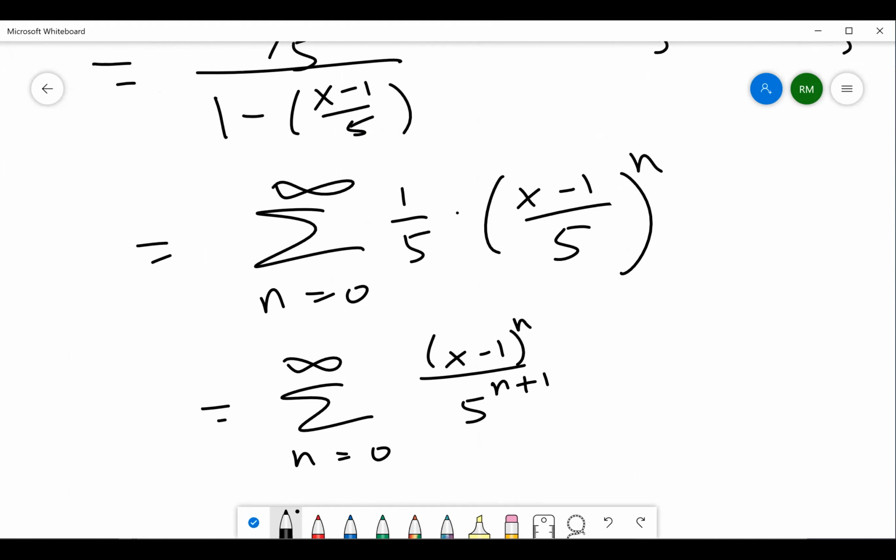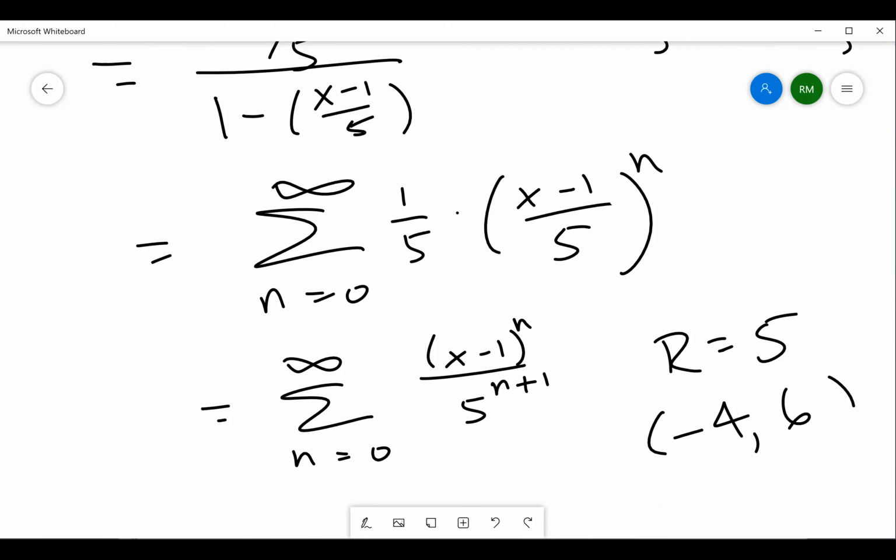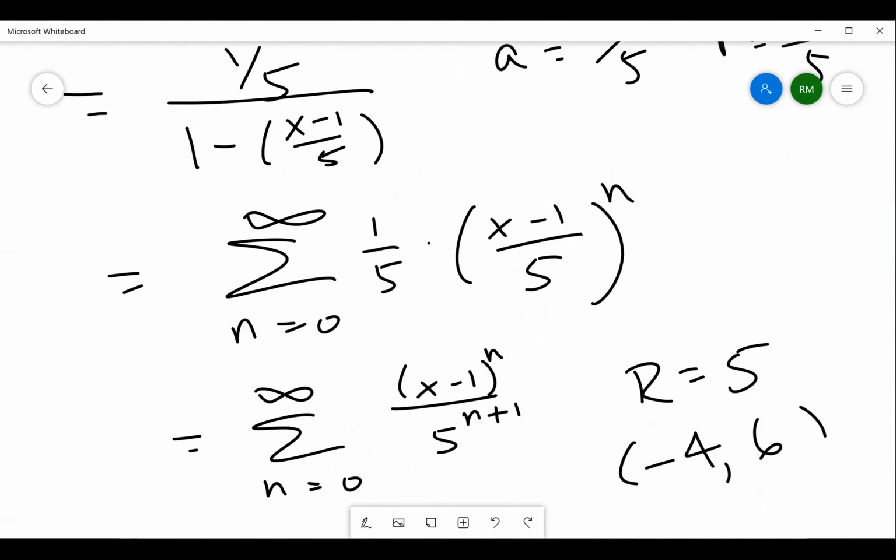All right. And we can check that this series has radius of convergence 5, and it should converge on the interval from 6 to, I think, -4. Should I actually work this out?